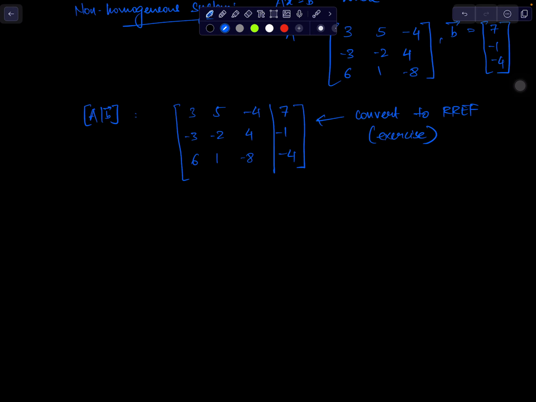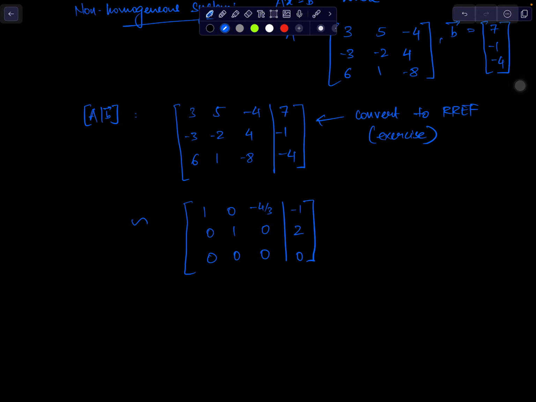There'll be a little calculation involved, some fractions, not too complicated. But what you will eventually end up with is the following: 1, 0, negative 4/3, and then you have 0, 1, 0, 0, 0, 0, and then the right-hand side looks like minus 1, 2, 0.